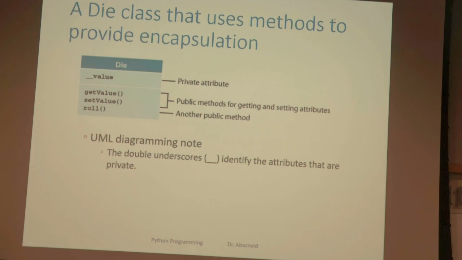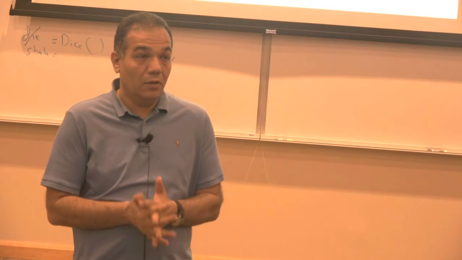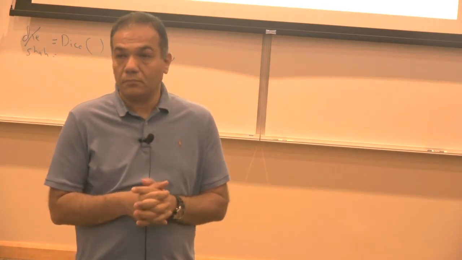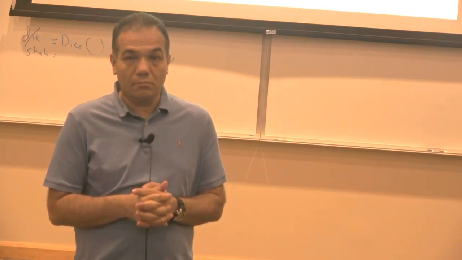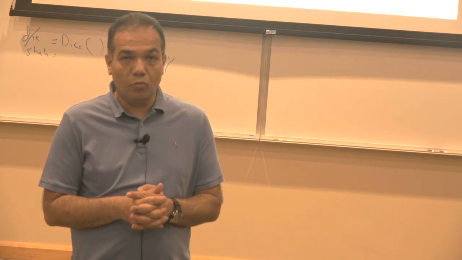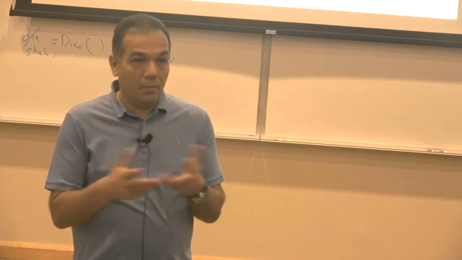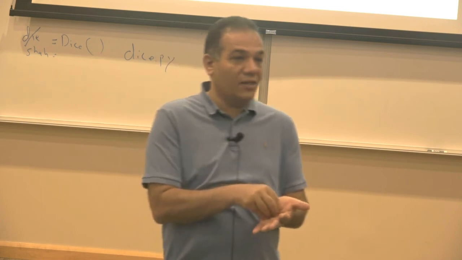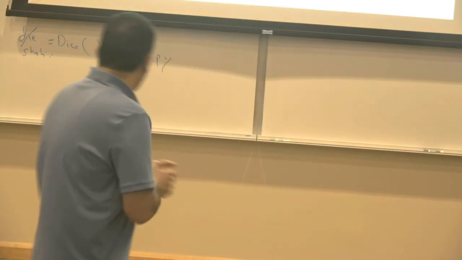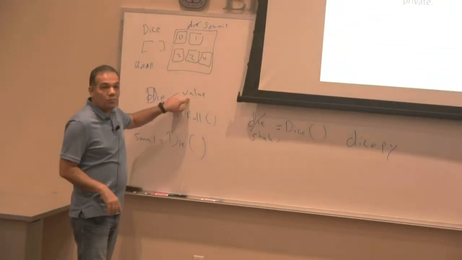To have more perfect programming, you have to protect your data, your variables, so you make them private. What does it mean private? Only methods from within the class can access them. So for example, the parameter value in here was public.